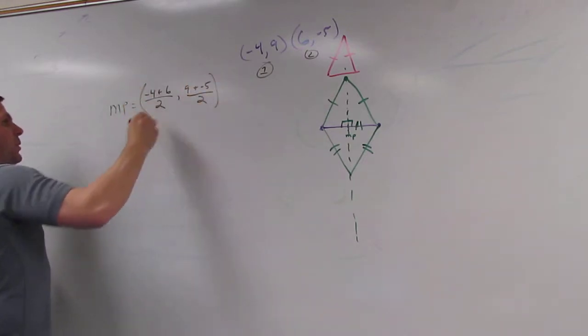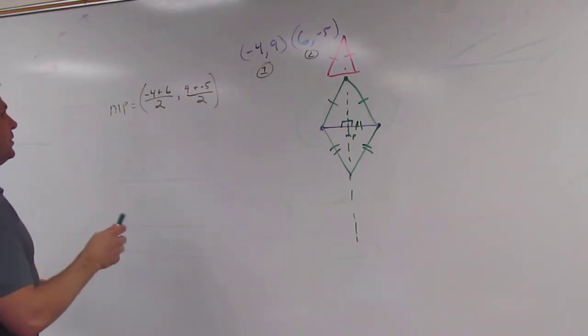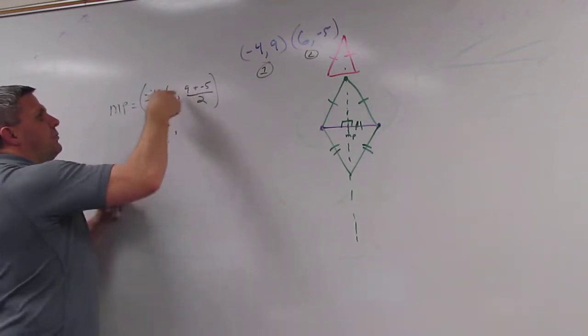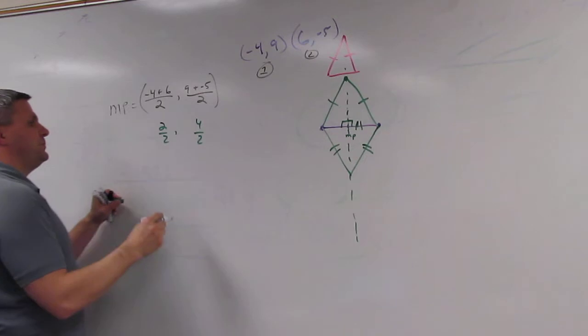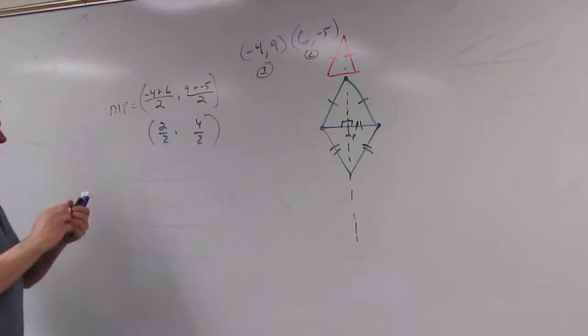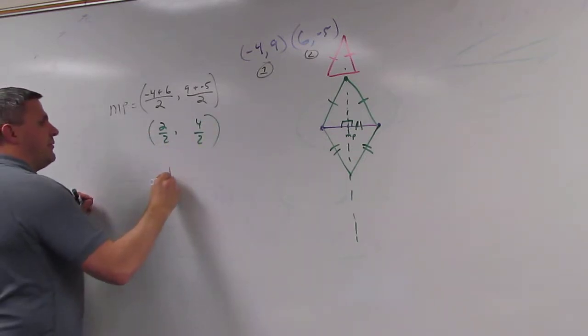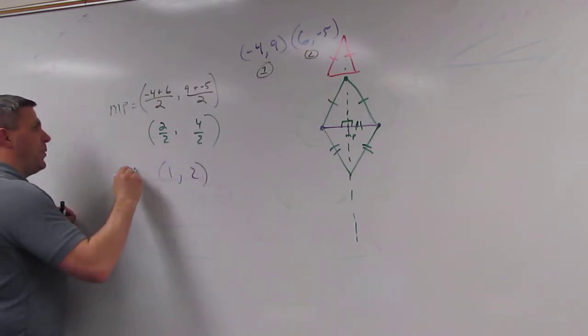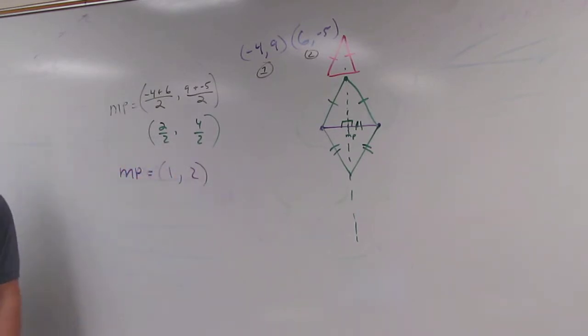So that's our midpoint. And so when we do the math, we've got 2 over 2, and we've got 4 over 2. And when we do that math, we have 1 and 2. So the midpoint is equal to 1, 2. That's where the midpoint is.